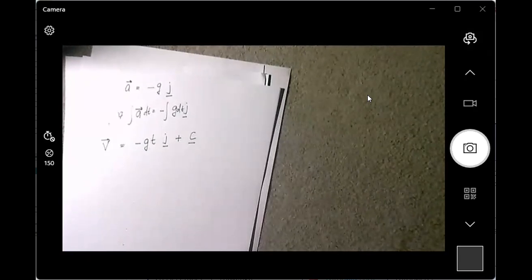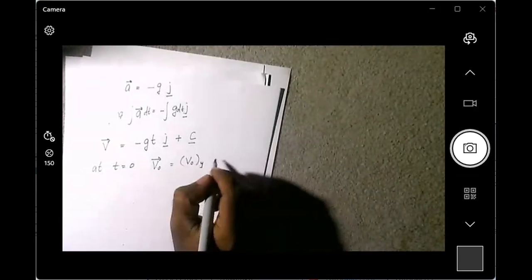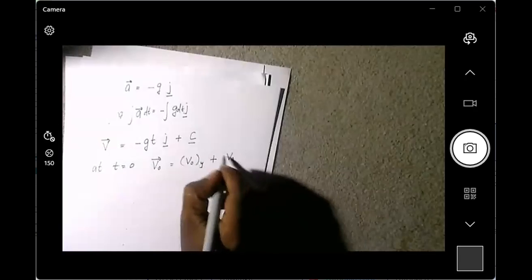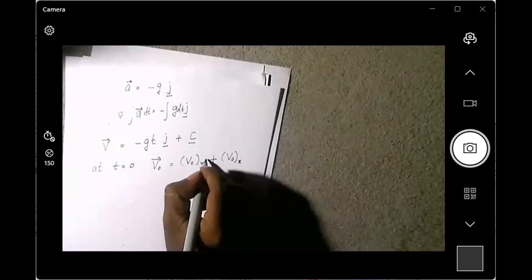Now, how can we find this vector constant? From the question, it is given that at t equals 0, we have v at 0, which is v naught x in i direction plus v naught y in j direction.